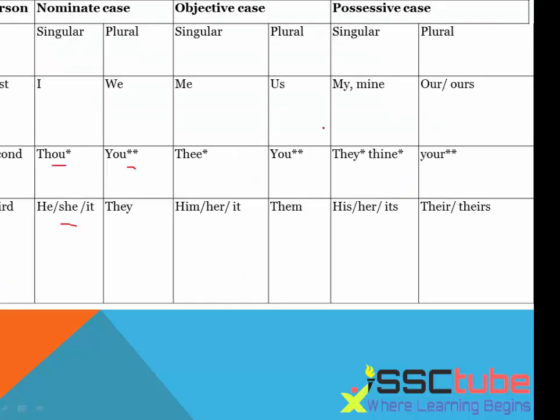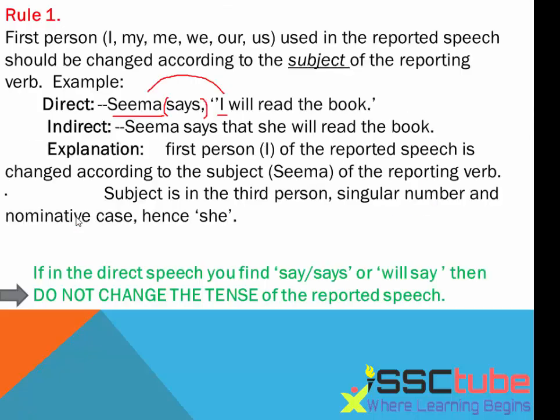Seema is the third person, it will be changed to she. Seema says that she will read the book. Seema is saying I will read the book, and the subject is the third person.